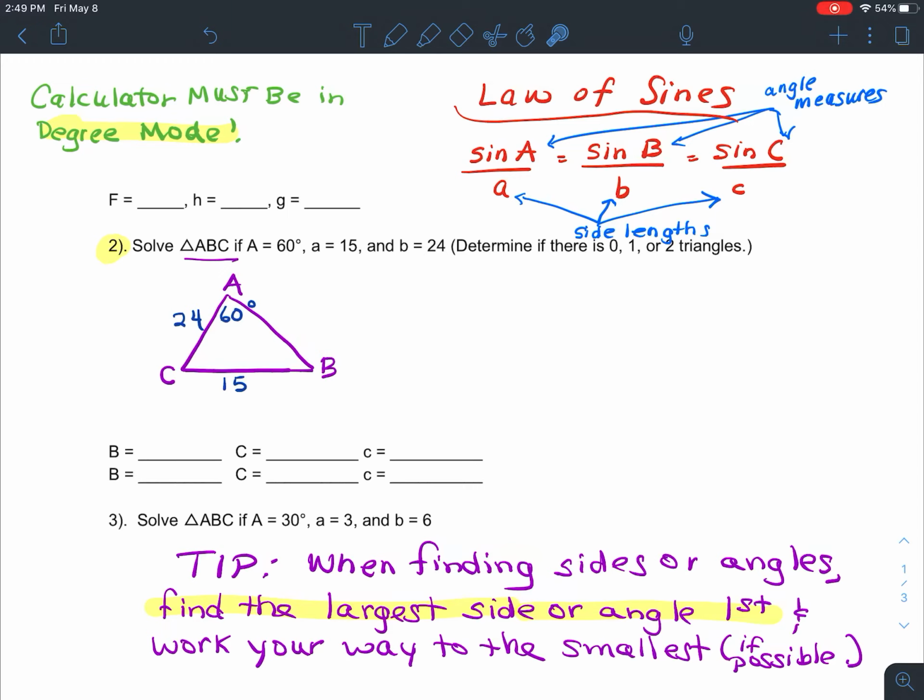Right now, I don't even know if it's possible to make a triangle with these particular dimensions and angles. So you're just going to start by diving into the law of sines and see where this takes you.